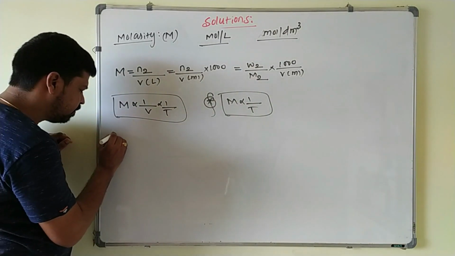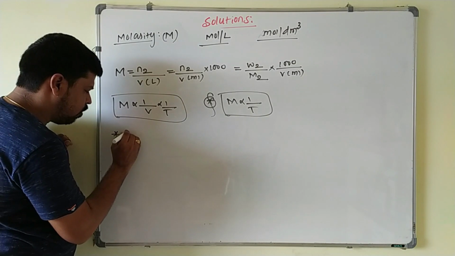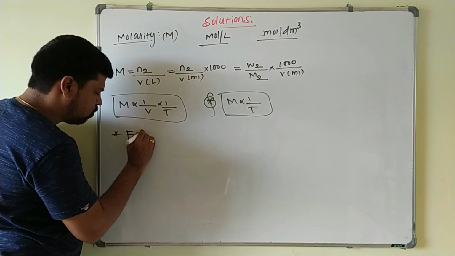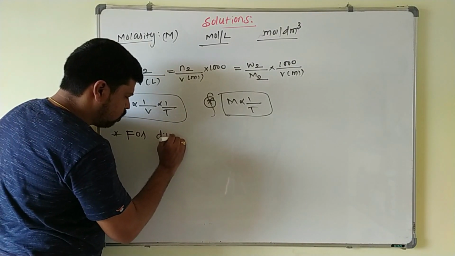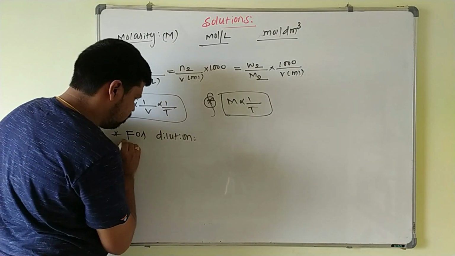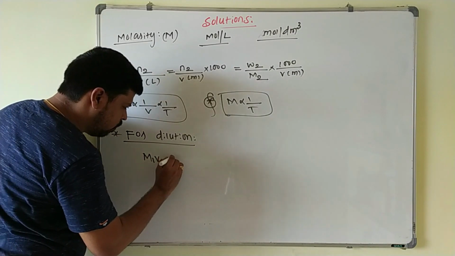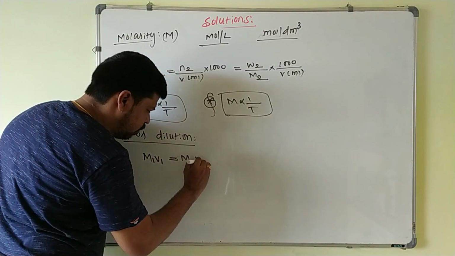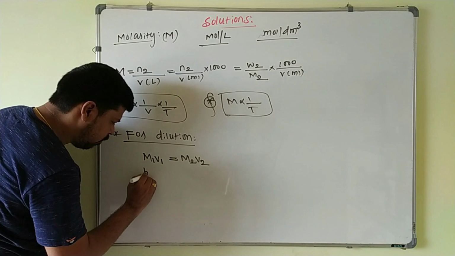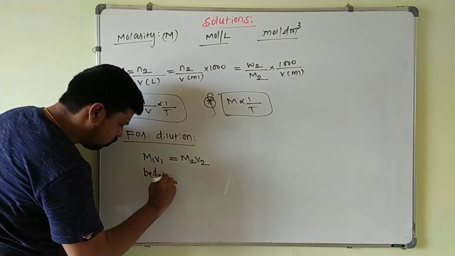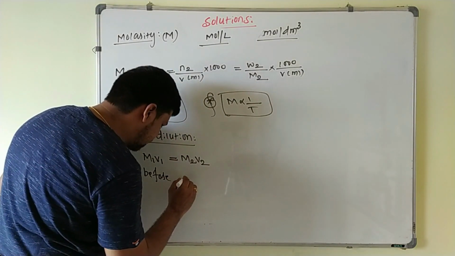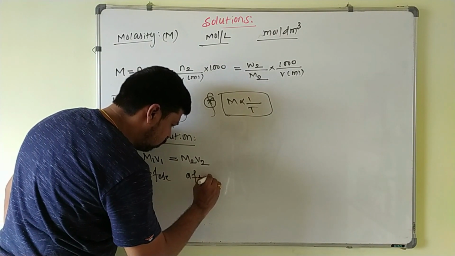So next point, for dilution, M1 V1 is equal to M2 V2. M1 V1 is before dilution, before adding water, and M2 V2 is after adding water.